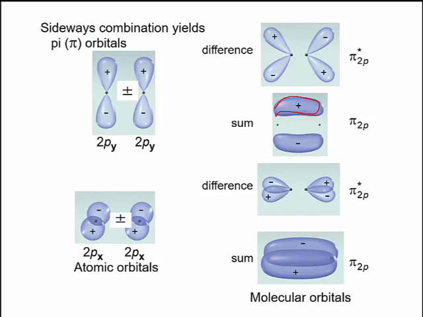If I do the difference, I'm going to get a pi star, and I'm going to end up with a node in between my two nuclei. They're not sharing electron density. This node says no electrons in here, and this, with lots of overlap, says yeah, we're doing a lot of sharing. And we can either do this in x or in y. It's the same thing, you're just rotating it on the axis.